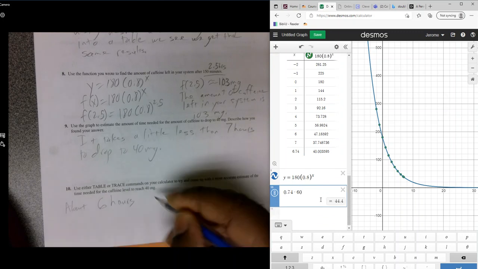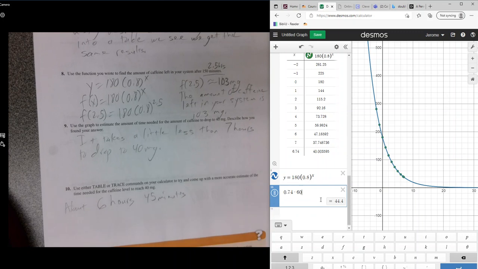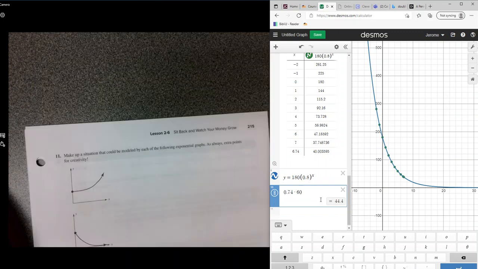All right. Now we come to our last page. It's problem number 11. It says make up a situation that could be modeled by each of the following exponential graphs. As always, extra points for creativity. If you look here, this graph shows exponential growth.